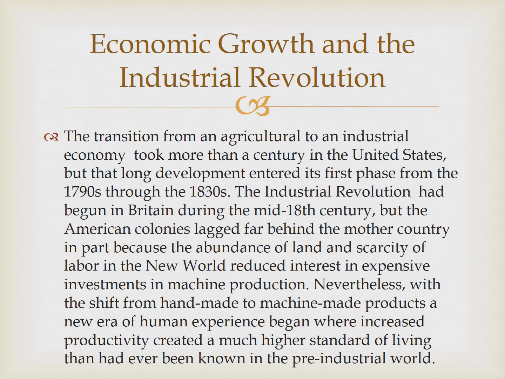Okay, it says the transition from an agricultural to an industrial economy took more than a century in the United States, but that long development entered its first phase from the 1790s through the 1830s. Now, the reason why I say the first phase is because the Industrial Revolution doesn't really stop. It just matures. It changes.